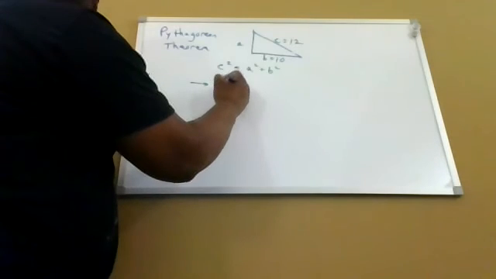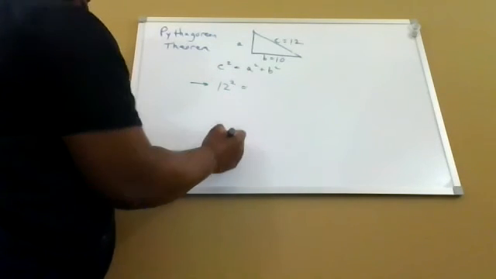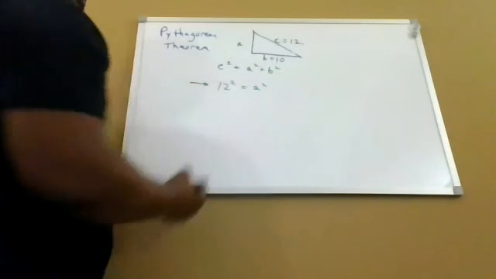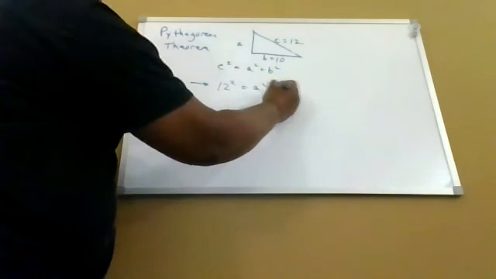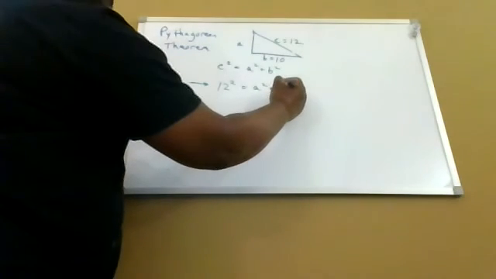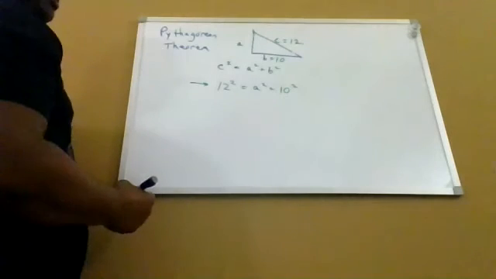So I have 12 squared equals a squared plus, b equals 10, so 10 squared.